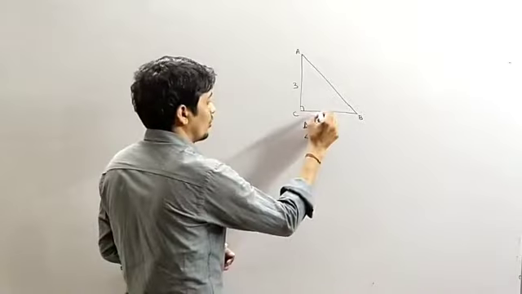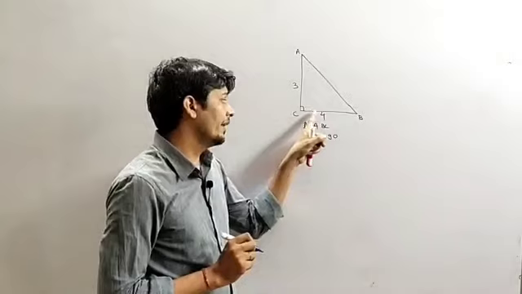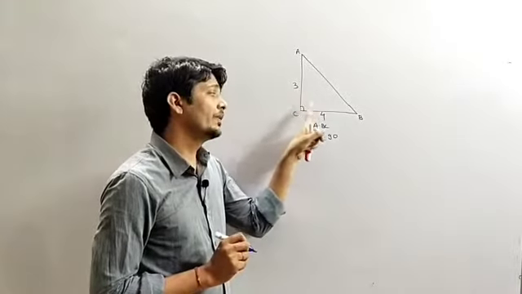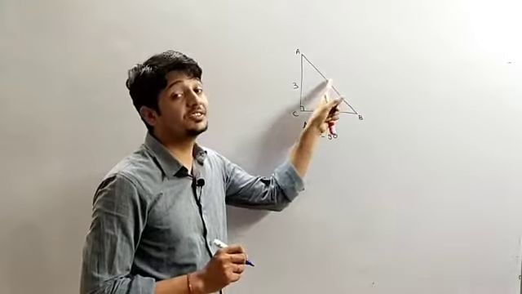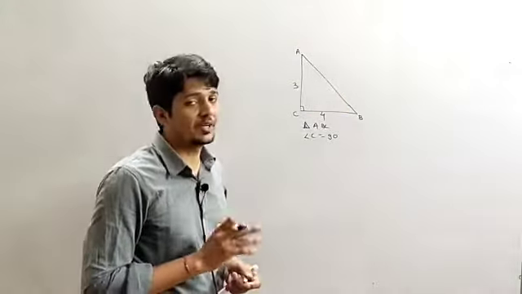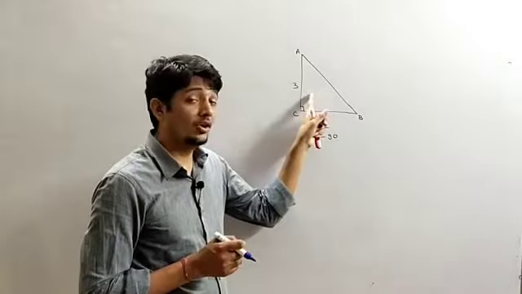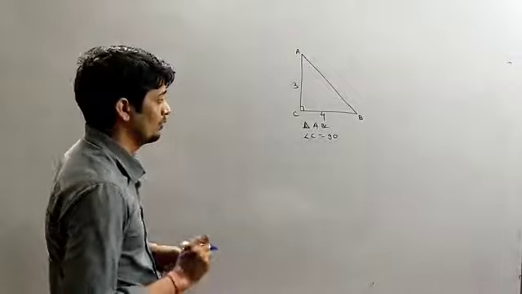That means we have the measure of two sides only. Then we have to calculate the measure of the third side by using the Pythagoras theorem, because Pythagoras theorem can be applied on right angled triangle.